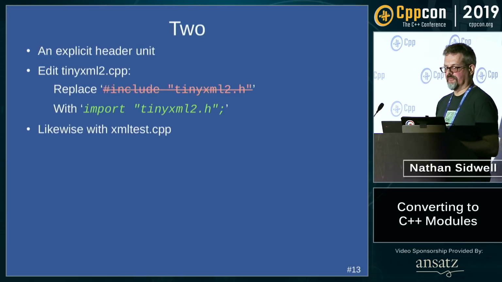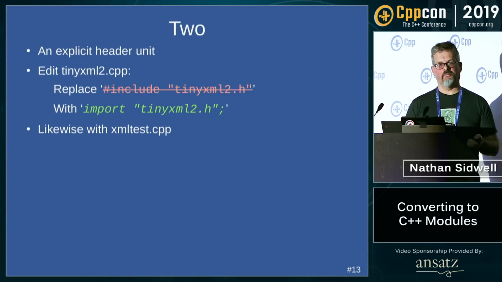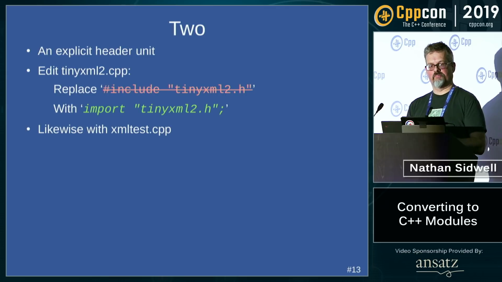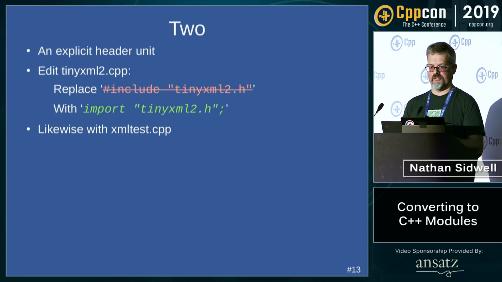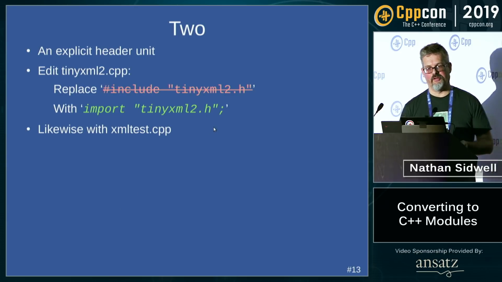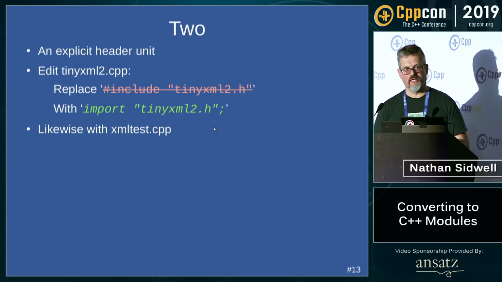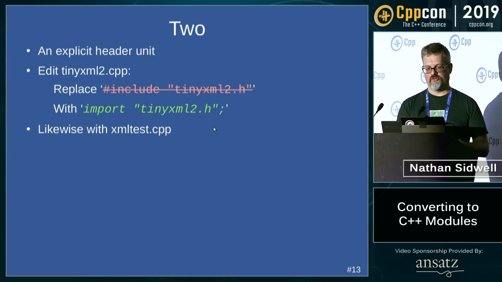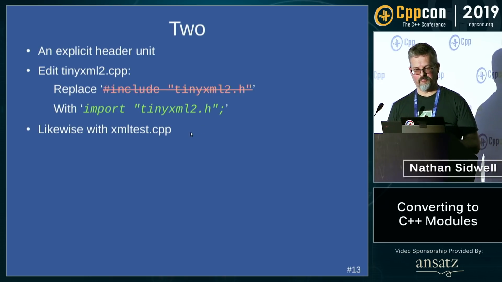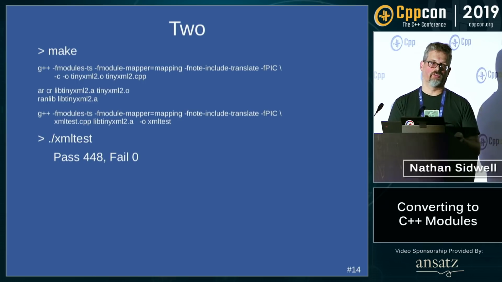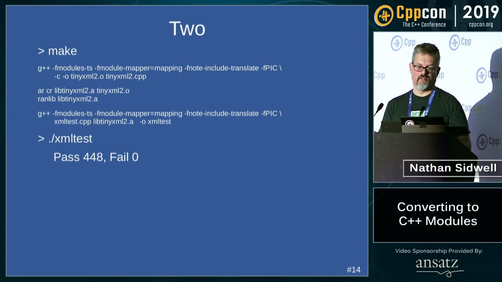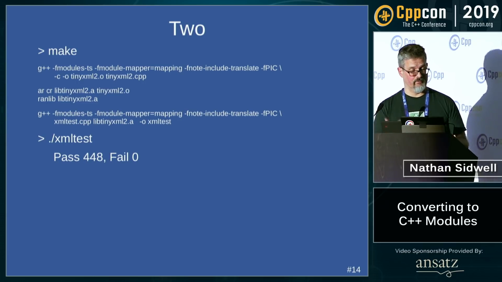Okay, so step number 2, we can turn this into an explicit header unit. And this is where we start changing source code. We change the hash include tinyxml2.h into import tinyxml2.h, and we do that in the implementation file of the library, and we can do that in XML test. We don't change the build system at all at this step because that's just the same. It needs to build the header unit and then compile the sources.